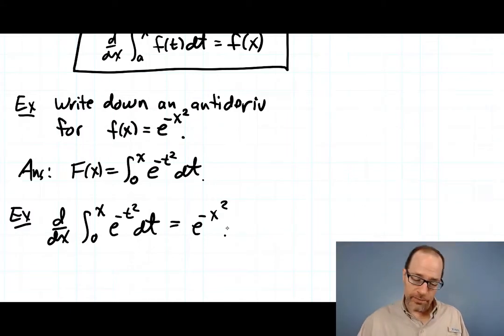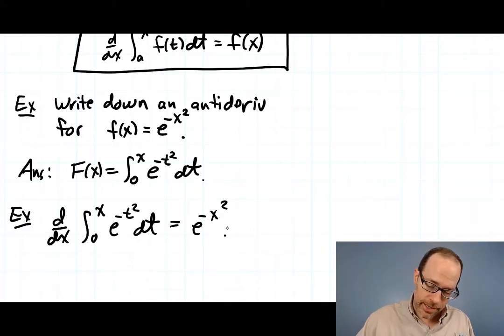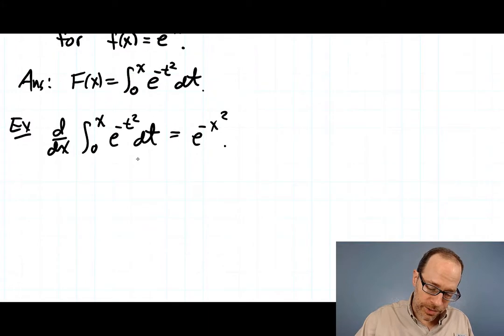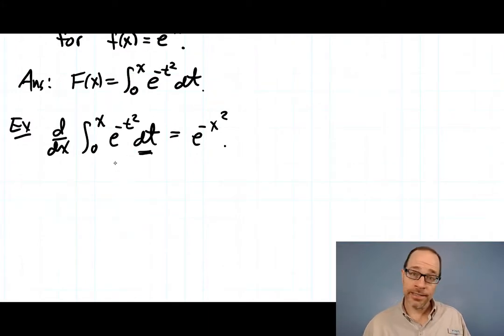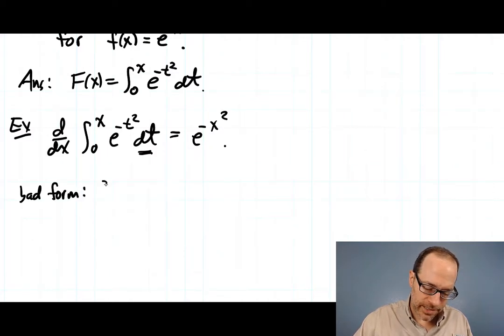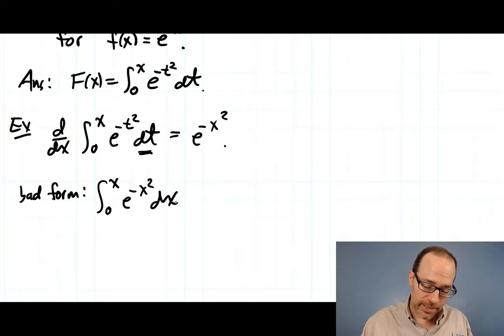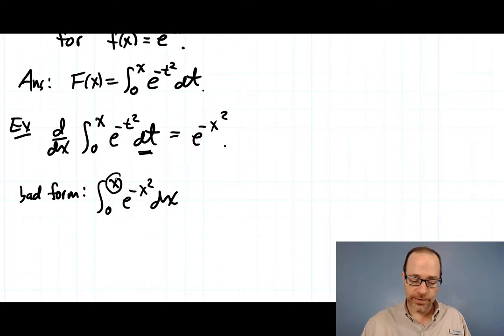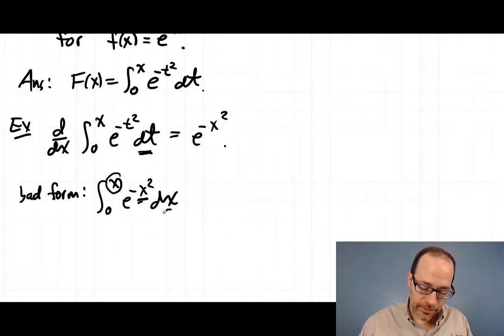You'll notice one thing here is that I always use dt's here on the inside. It's considered bad form to write things like this: the integral from 0 to x, e to the minus x squared dx. And that's because this x is very different than these x's.